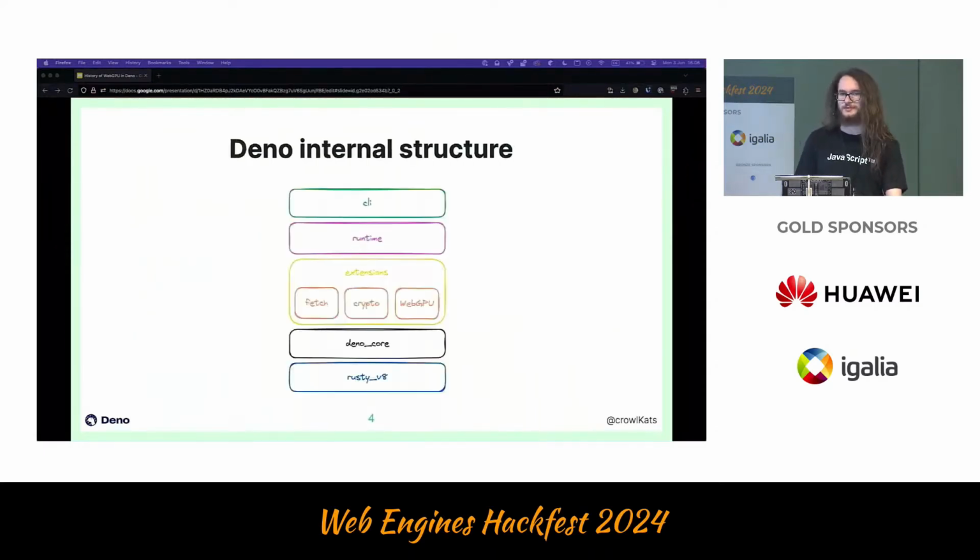Now some Deno internal structure. Since I'll be speaking about WebGPU and Deno, you might need to know some of how the internals of Deno work, for a common understanding of technical details. Deno is split into multiple building blocks, but everything starts at rusty_v8, which is just an abstraction. It's Rust bindings to V8 directly.